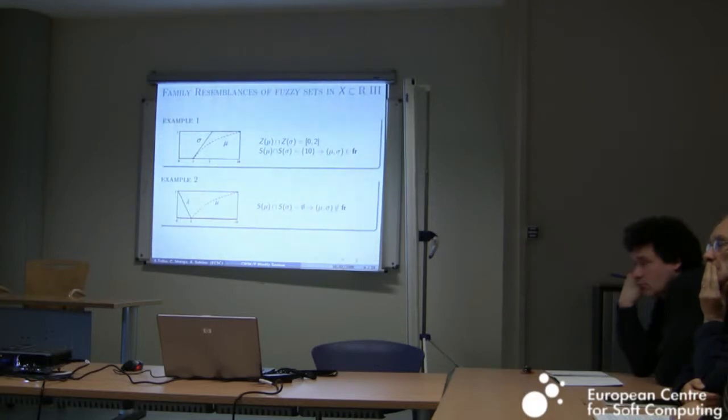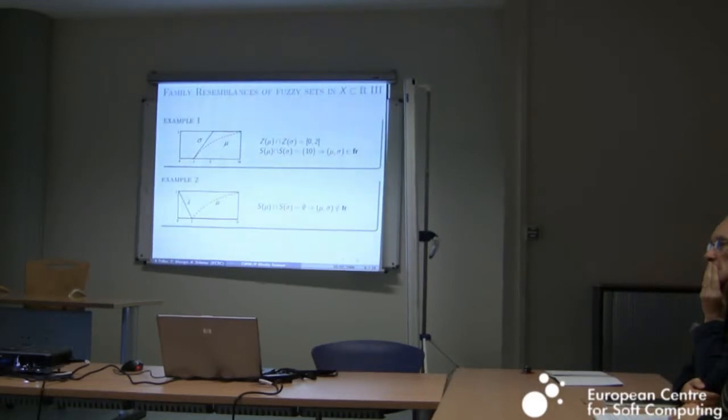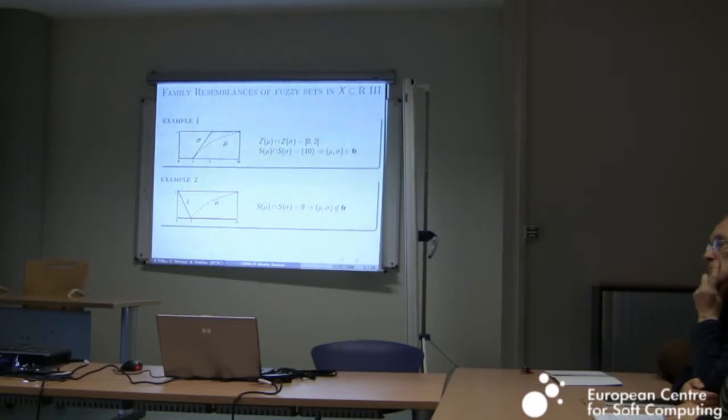My second comment is, in your definition of a family of sets with family resemblance, you mentioned that if one membership function increases, then at the same time the other also increases, or decreases, etc. That property is generally called co-monotonicity.